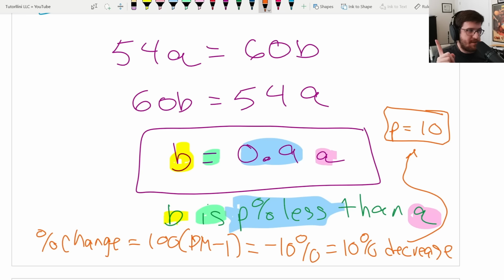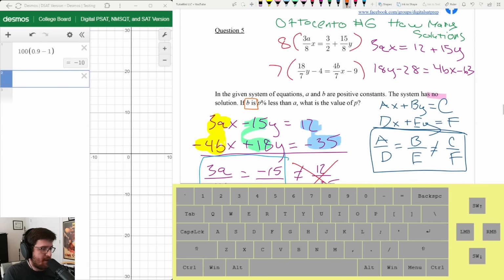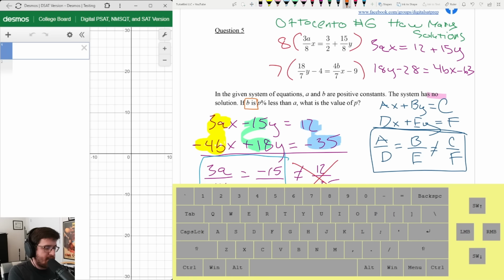Before we move on, we're going to go back to Desmos and type in the original, just to put this all together and to see if we did this right. So let's say, 3a slash 8x equals 3 halves.